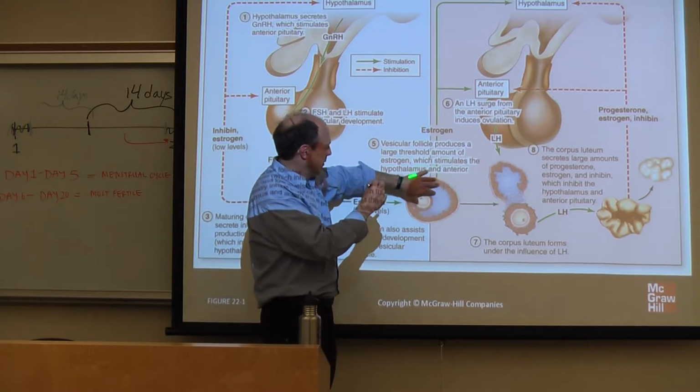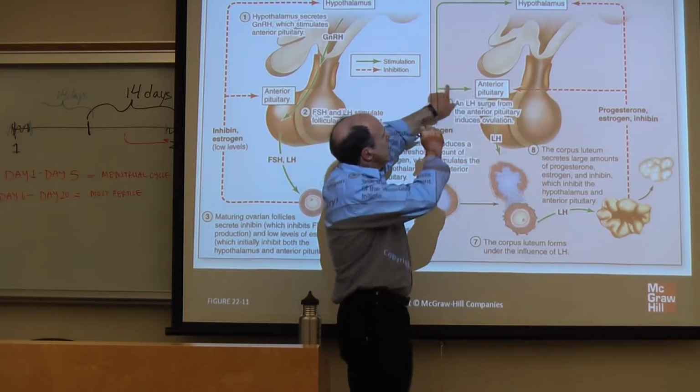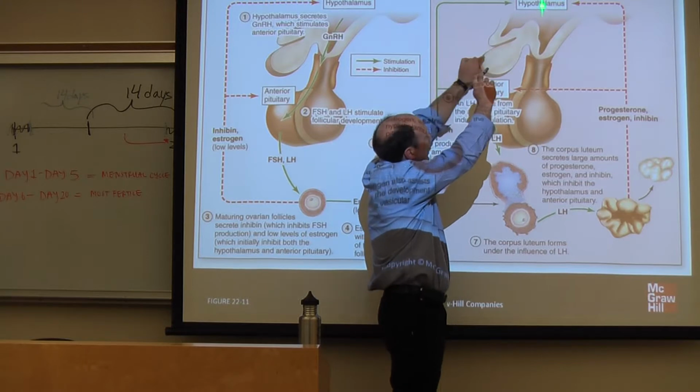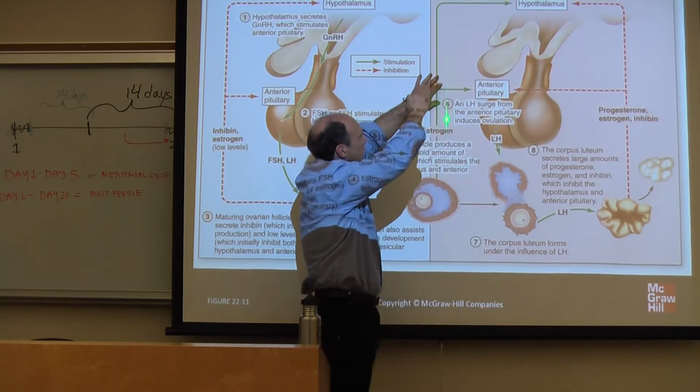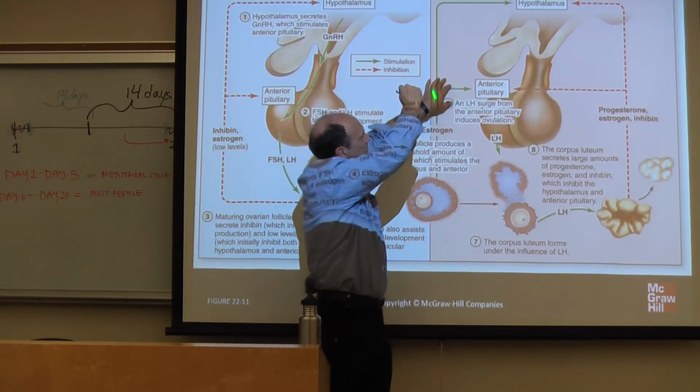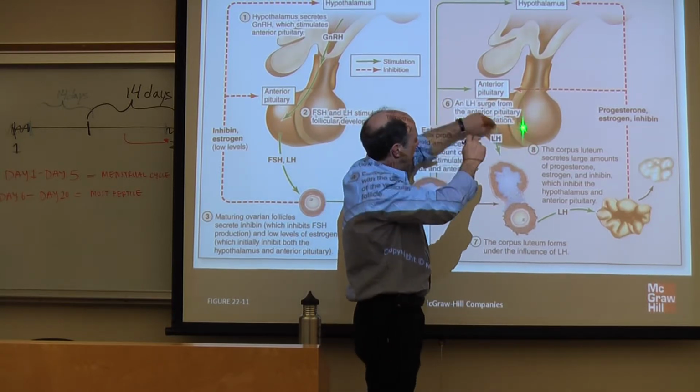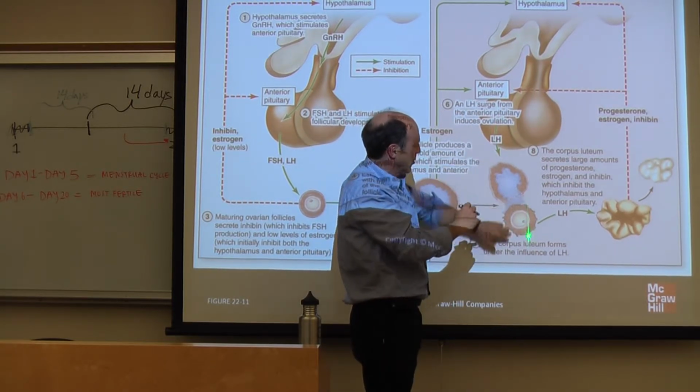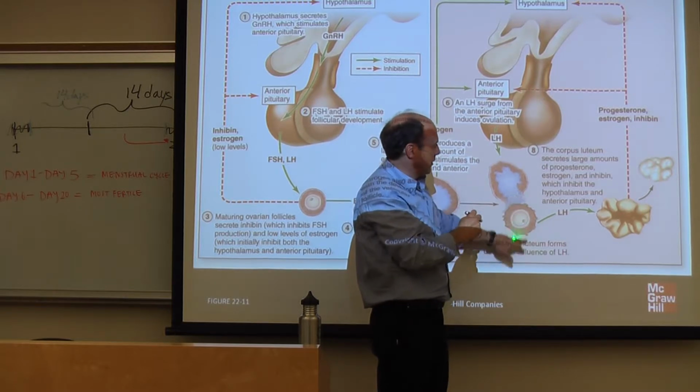The hypothalamus is also getting the same signal. So it's a feedback loop, and it's affecting the levels of luteinizing hormone, which are going to lead to ovulation.